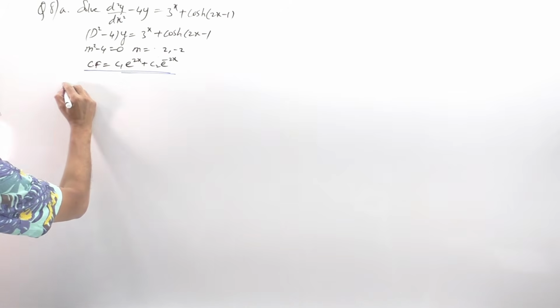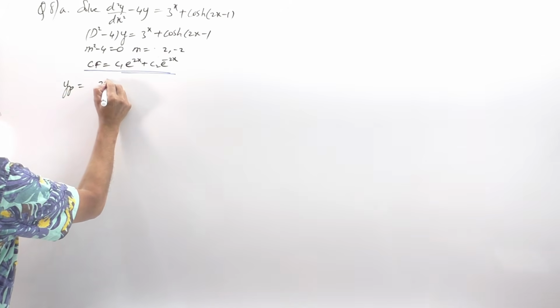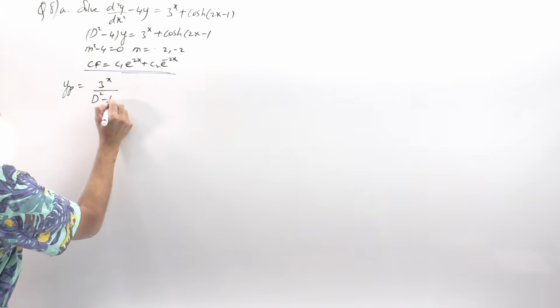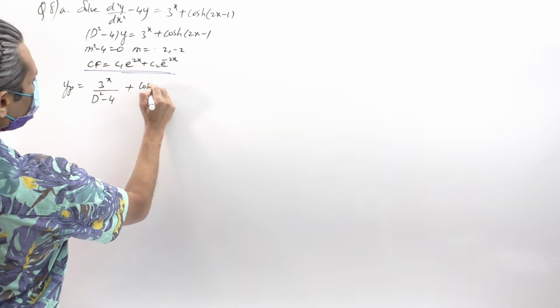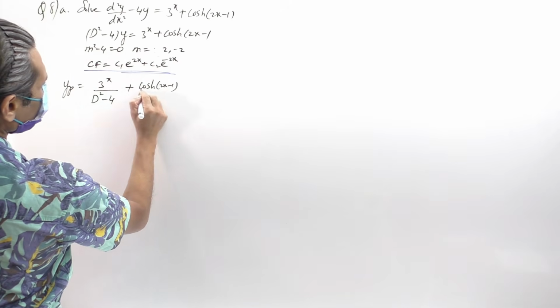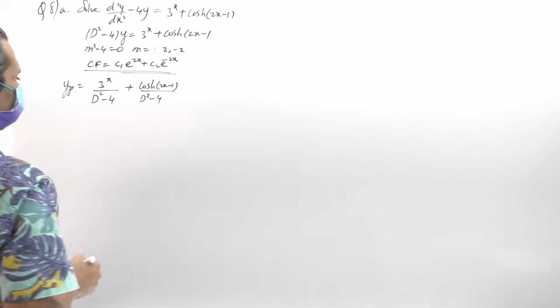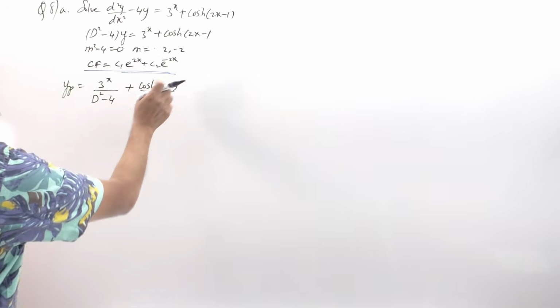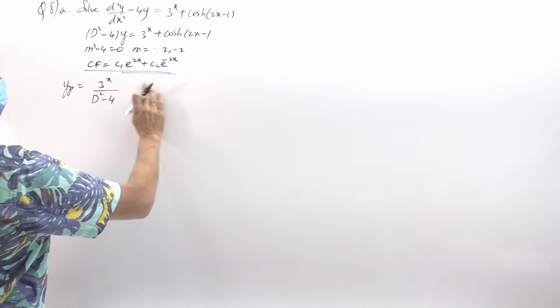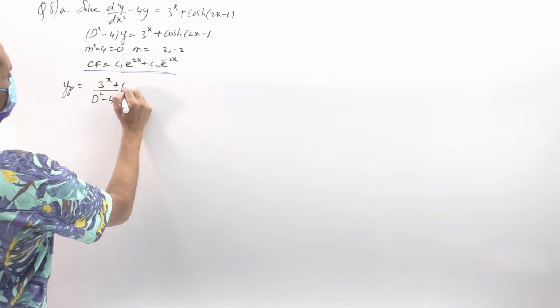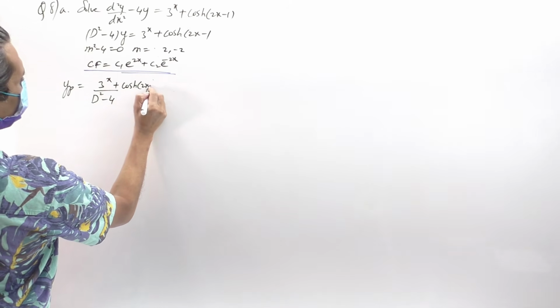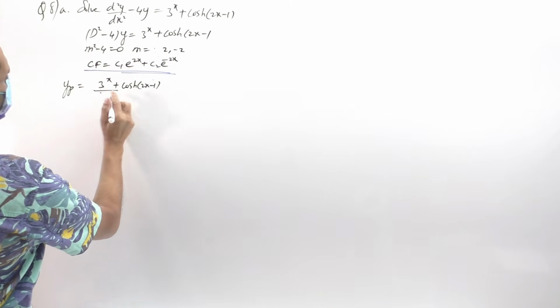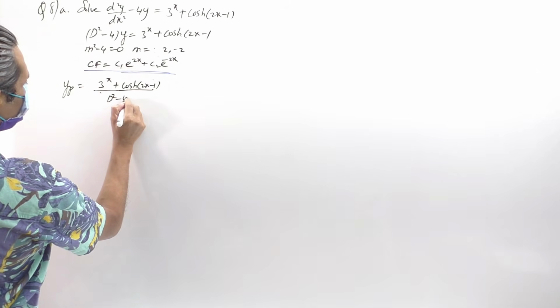Now to find a particular integral, we have yp is equal to 3 raised to x upon d square minus 4 plus cos hyperbolic 2x minus 1 upon d square minus 4. As I always keep on telling you, when the numerator has a plus or minus sign, always separate.